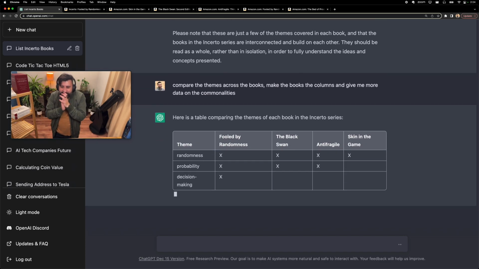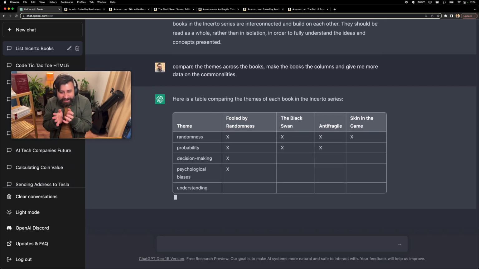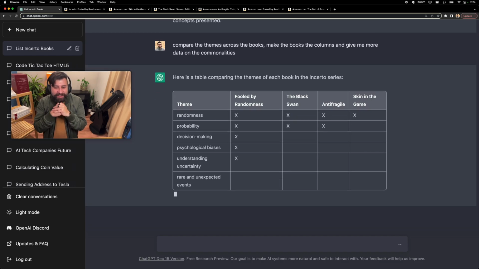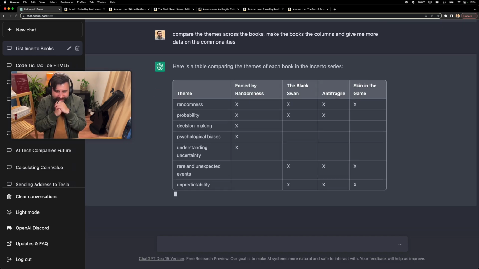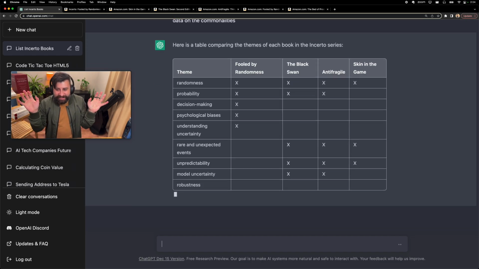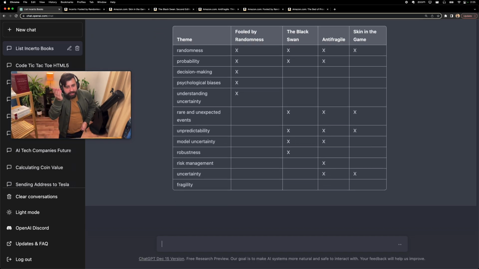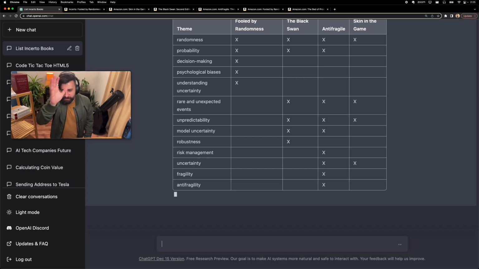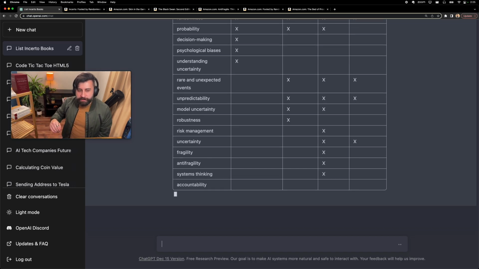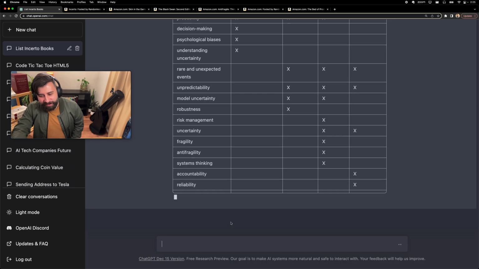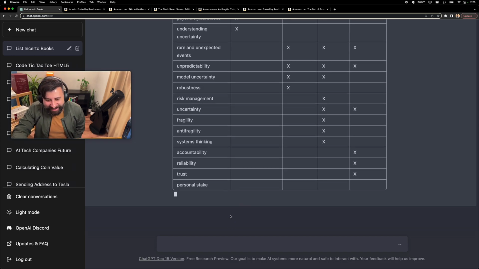I love that actually. I'll take it. How long would it have taken me to make this table? I'm going to tweet this to Nassim. Let's see if he gives a shit.